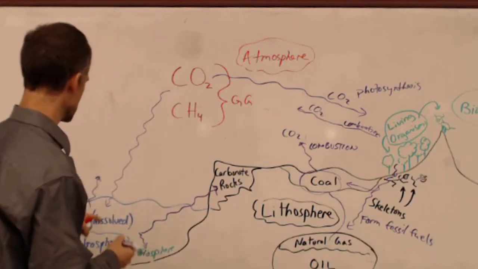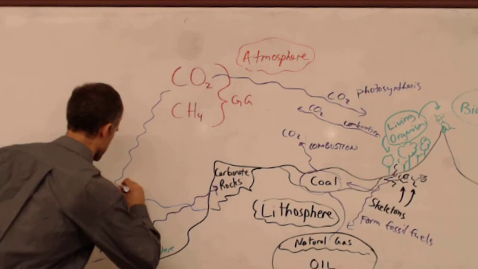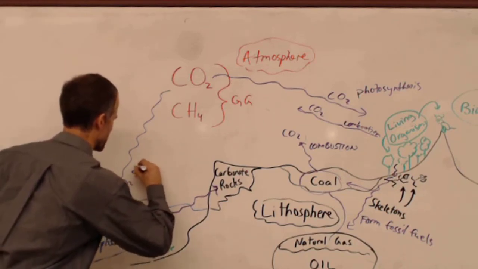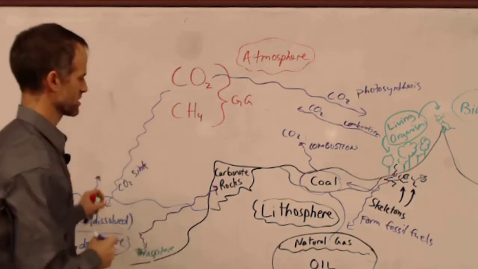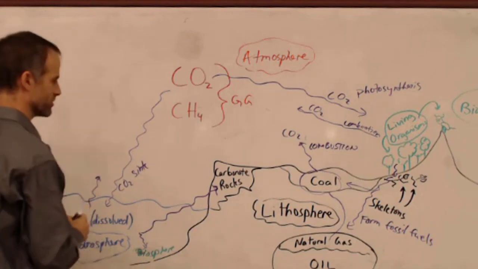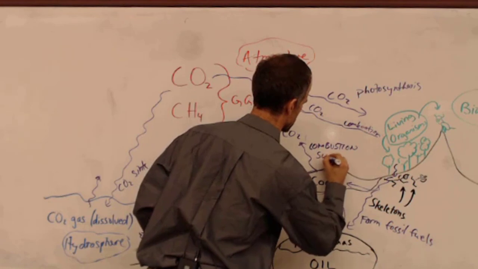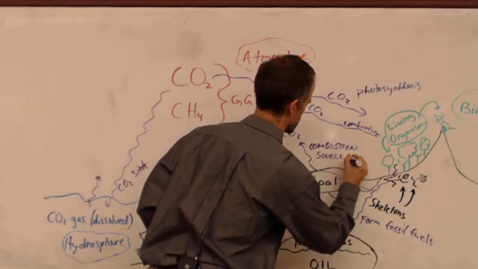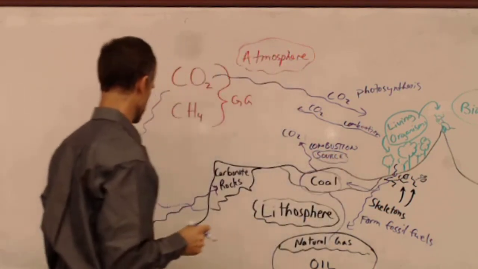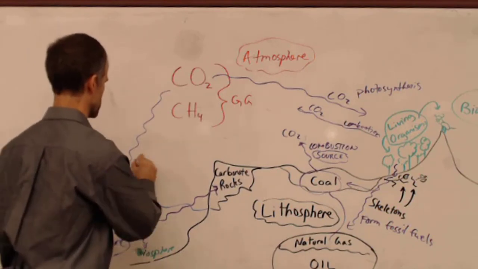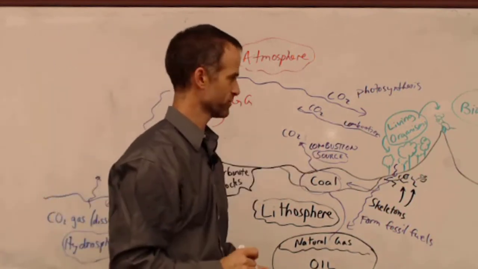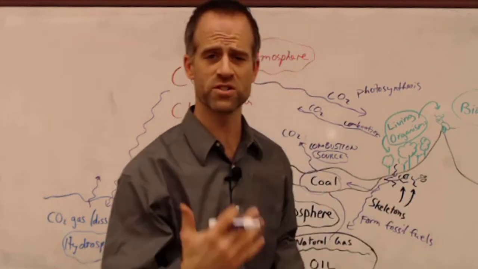So this is a CO2 sink. It captures carbon dioxide. However, combustion is a source of CO2. You should know those two terms, a sink and a source. Forest fires are a source of CO2.